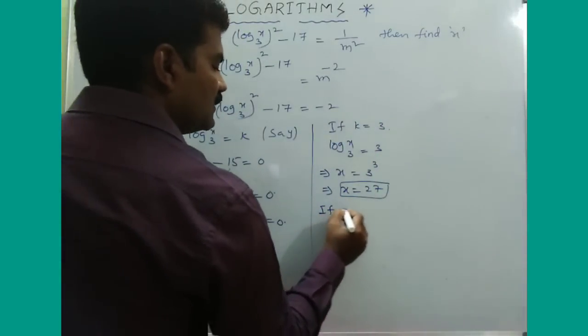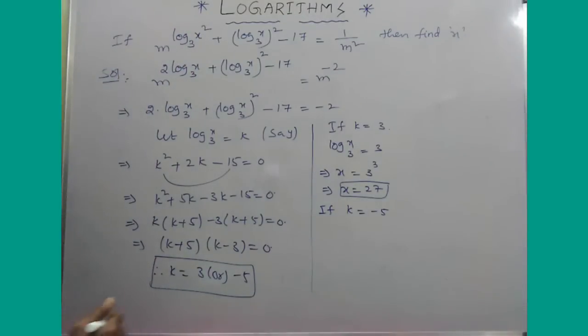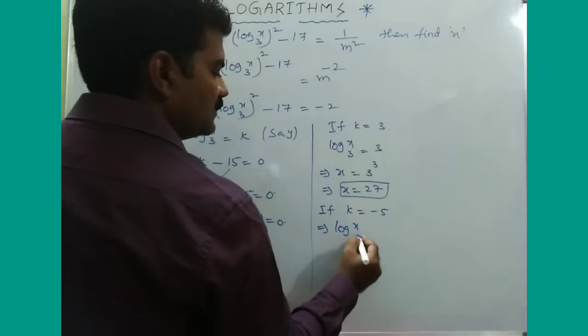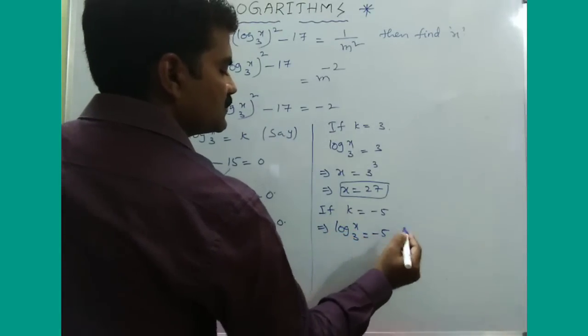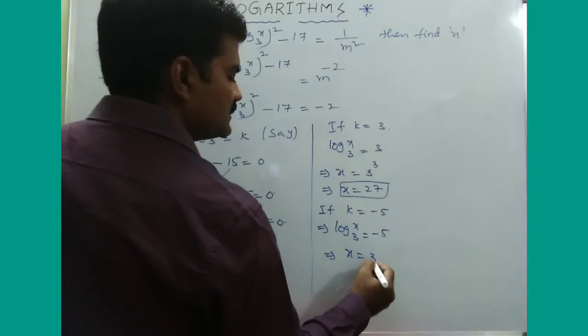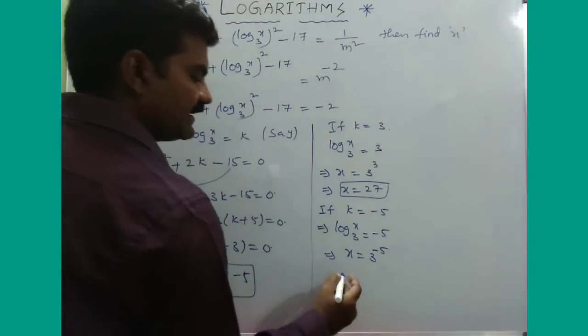We have one more k value also, no? K is minus 5. That means log x to the base 3 equals minus 5. So from this x is equal to 3 to the power of minus 5. So what is the value of 3 to the power of minus 5?